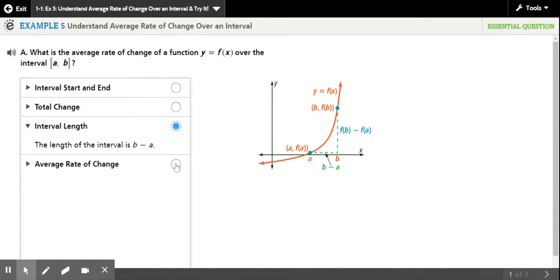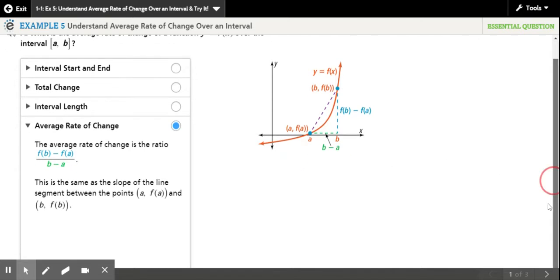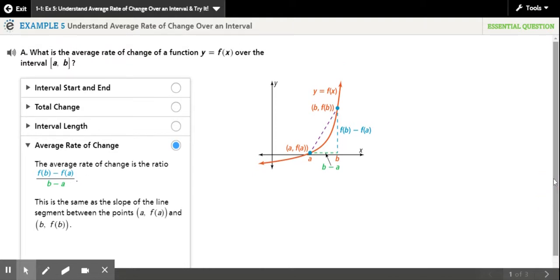And your average rate of change is just going to be the change in y over the change in x. And that would end up being that purple line there. This is going to make more sense when we actually use real numbers, I promise. All right.